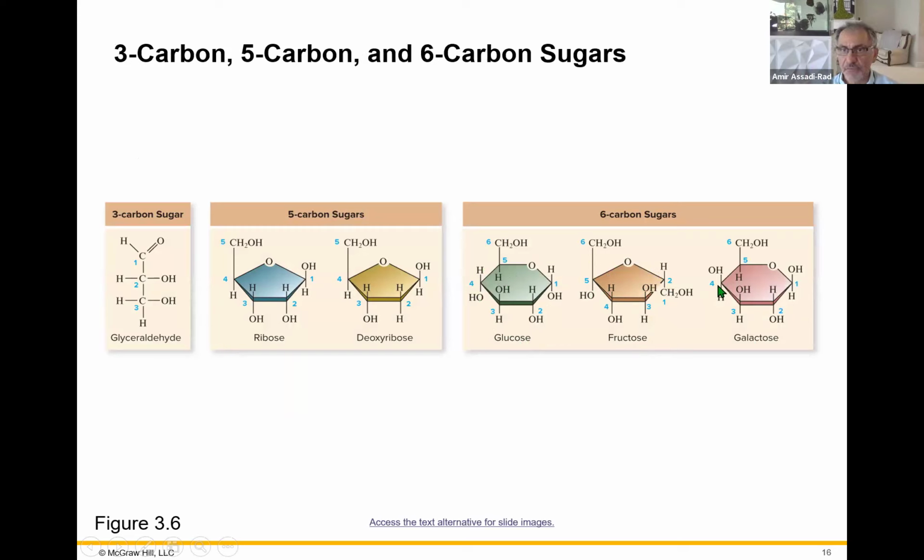They number the carbons: carbon number 1, 2, 3, 4, 5, 6. On carbon number 4, in galactose, the OH is on top, but in glucose, the OH is on the bottom. It's not alpha and beta. Remember that? Alpha and beta is carbon number 1.